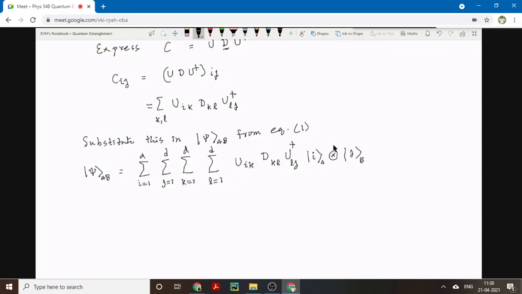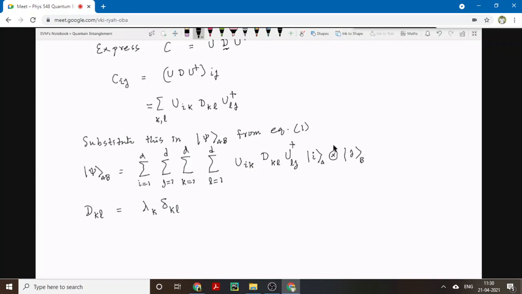But note that what is dkl? Dkl is equal to lambda k into delta kl, because it's a diagonal matrix. If k is not equal to l, it is 0. Otherwise, it is lambda k.